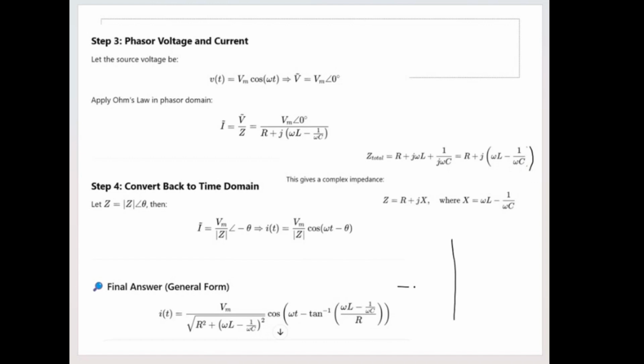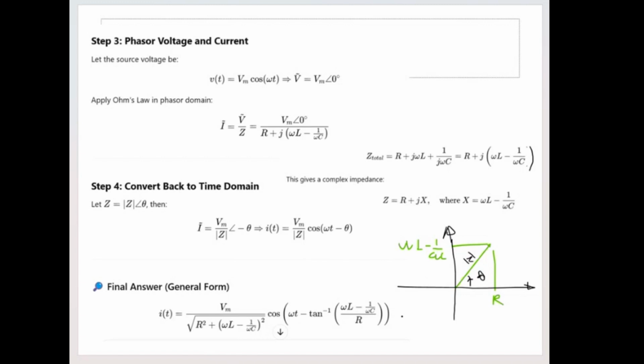I'm going to just draw a simple thing here, just for clarification for the Z. Let us say this is Z. If this is Z, let us say the real part has the value R, and the imaginary part has the value omega L minus 1 over omega C. So now you can see how we calculate the magnitude of Z or this angle, theta.